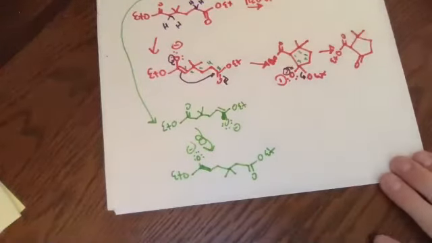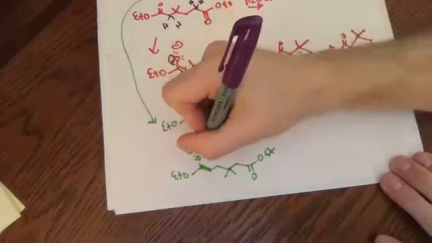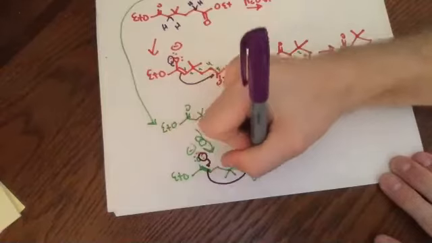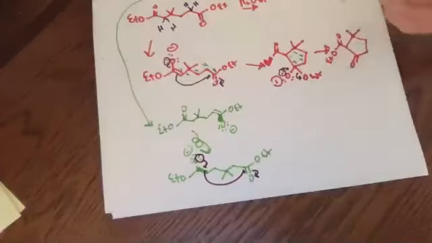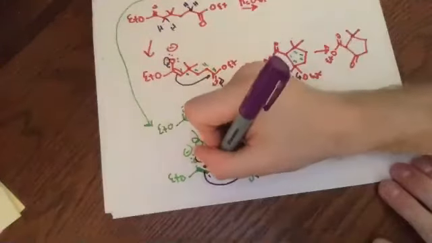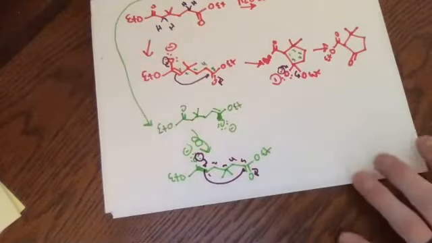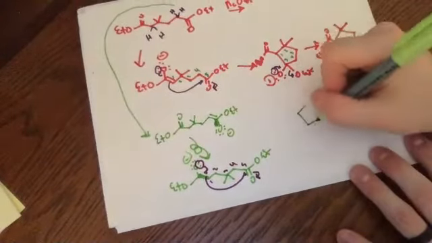So now when we do our cyclization, we have 1, 2, 3, 4, 5. It's going to look almost identical.